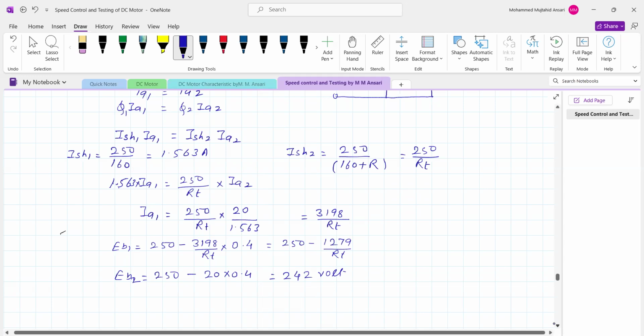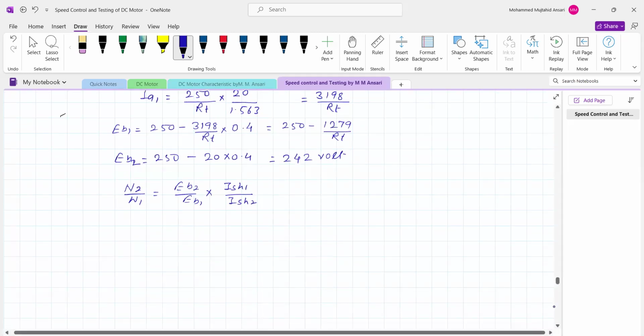Now N2 upon N1 is equal to EB2 upon EB1 into ISH1 upon ISH2, instead of flux.